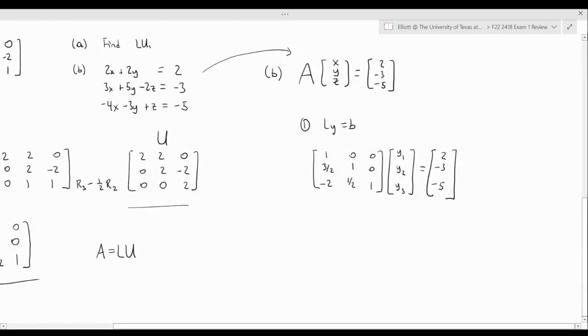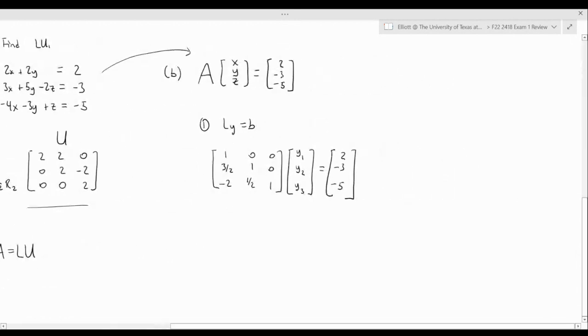Okay, so the idea is if you convert this into a system of equations, the first equation that you get is going to be 1y1 plus 0y2 plus 0y3 equals 2. The second row will give you 3 halves y1 plus 1 y2 equals negative 3.